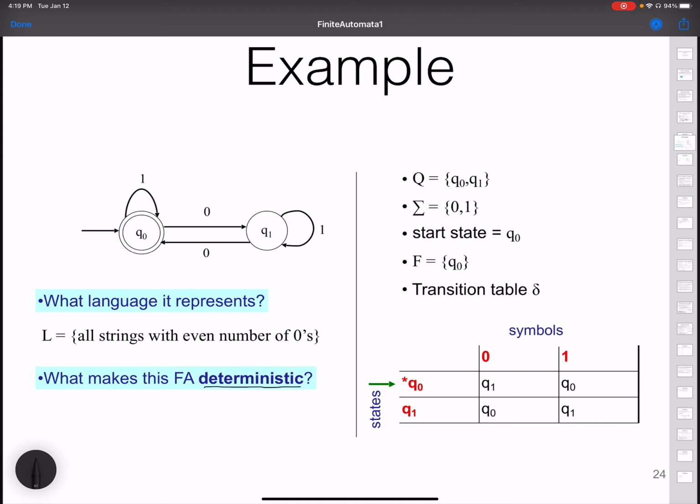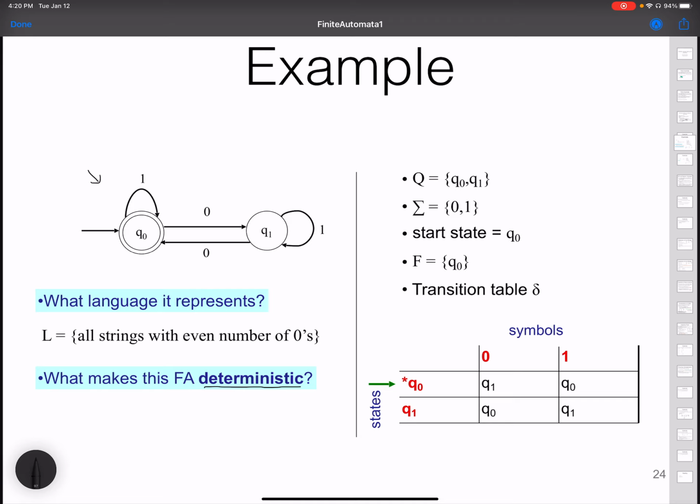Being deterministic basically means that in each situation, whenever you are reading any input string, at each time step, your machine should be at exactly one state. This machine is going to be a deterministic finite state. To check if a machine is deterministic or not, you just need to check two things.